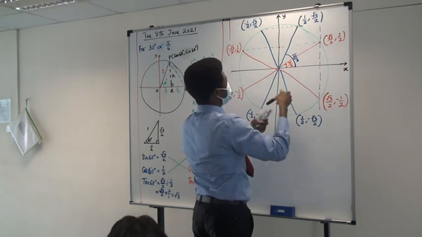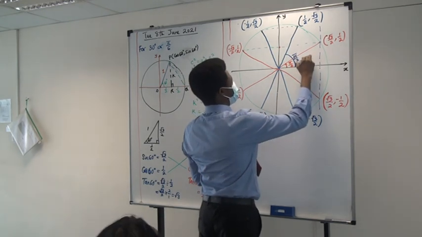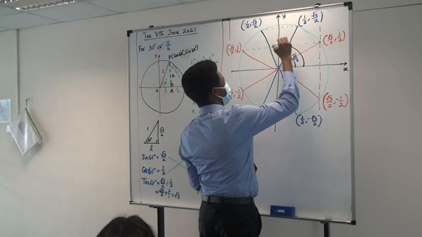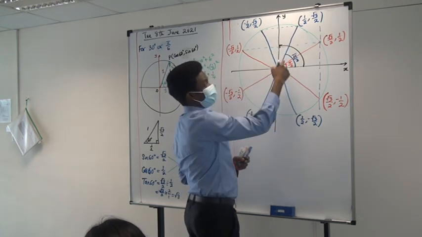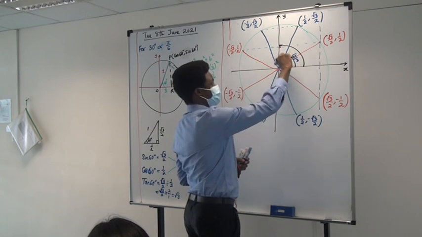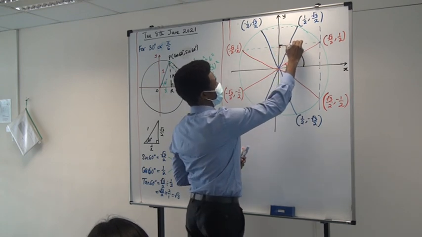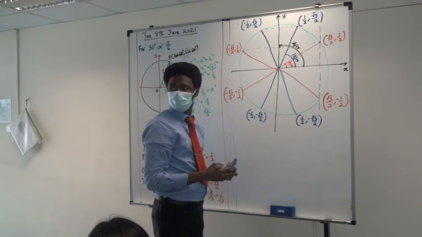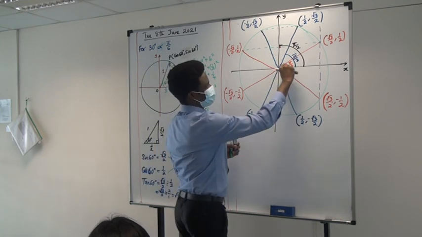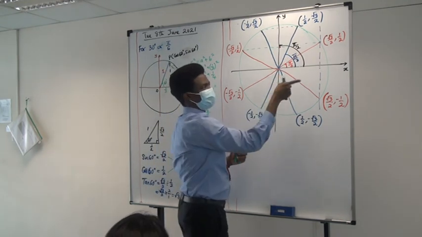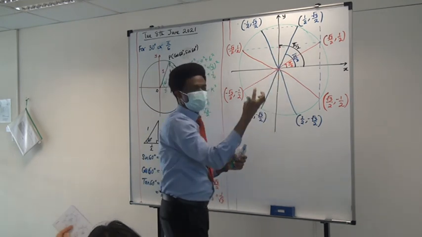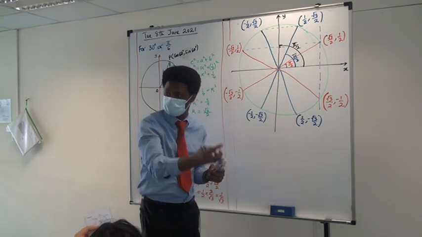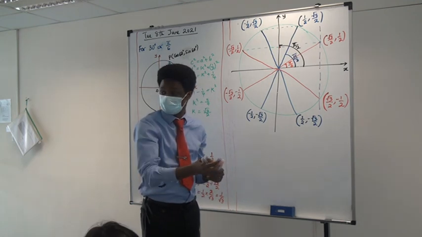So if I want to get to the black one, it means another pi over 6 has been added. This is pi over 6, pi over 6, pi over 2. To get this, you have pi over 6 plus pi over 6. That's pi over 3. To get this, you have pi over 6 plus pi over 6 plus pi over 6. Understand?